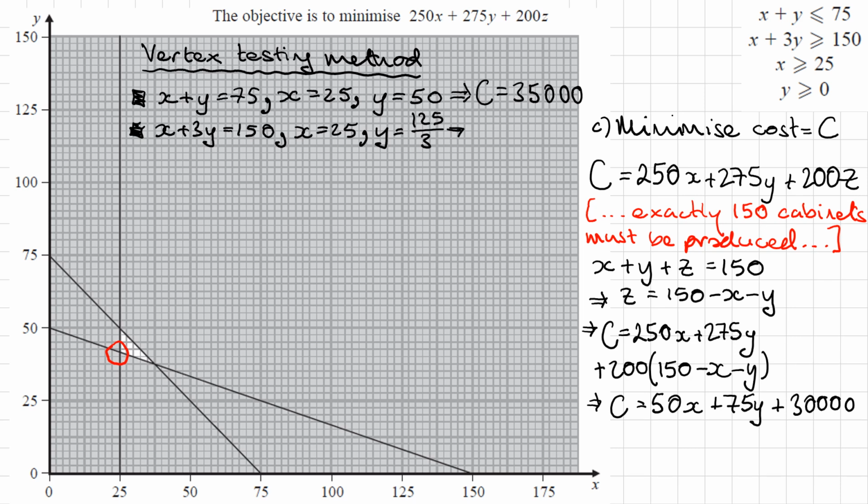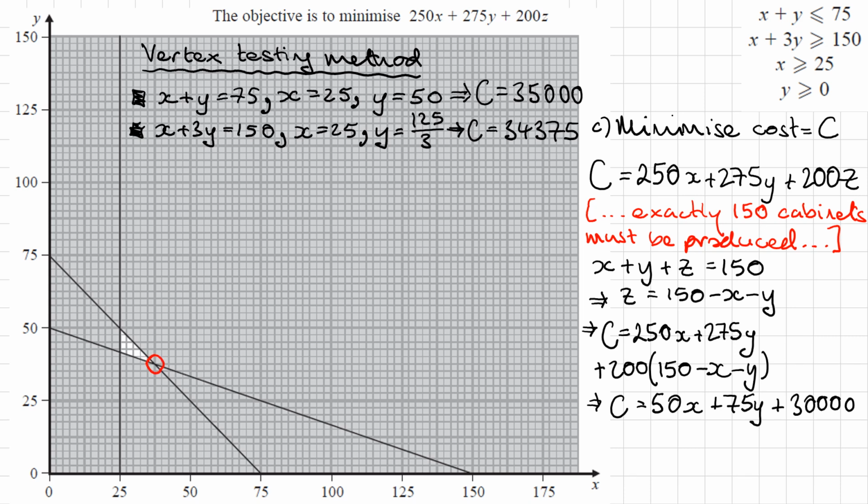We'll substitute those into our objective function and work out what this cost is going to be. So 50 times 25 plus 75 times 125 over 3 plus 30,000 gives 34,375. And then we'll move on to the last vertex here.